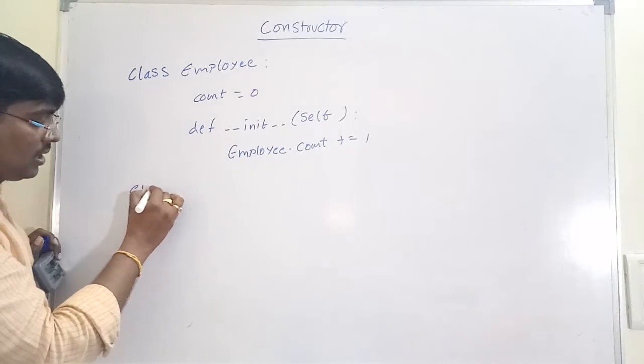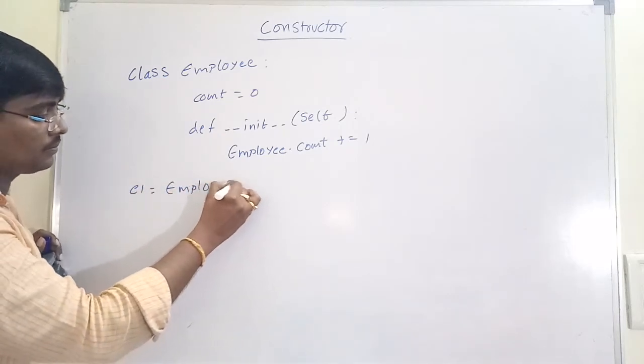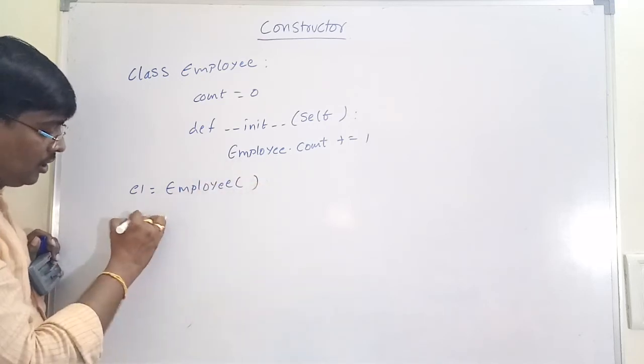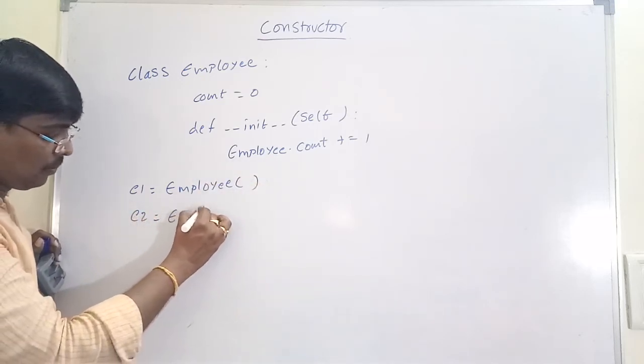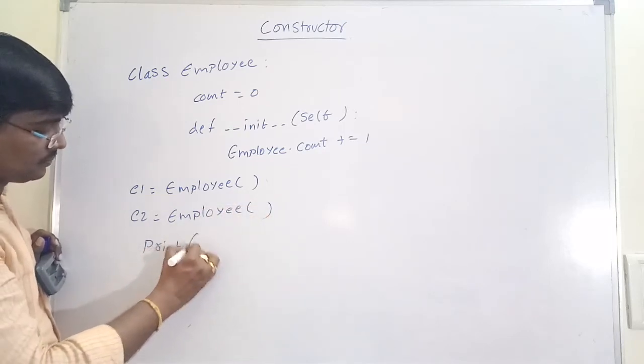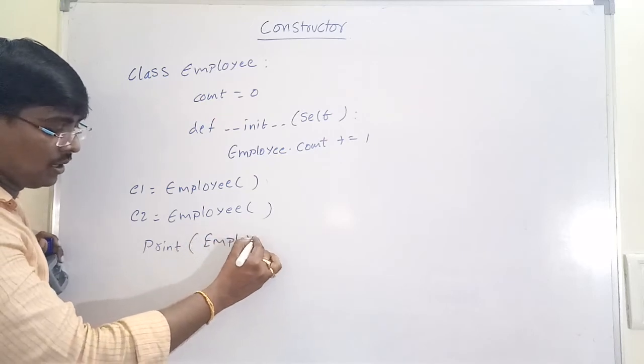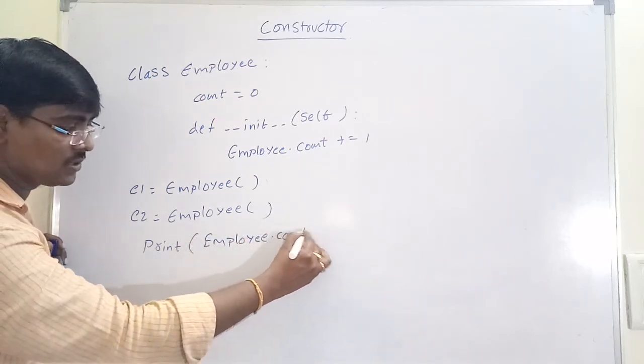Here I am declaring e1 is equal to employee of, e2 is equal to employee of. Suppose print employee dot count. What is the answer? Observe this one.